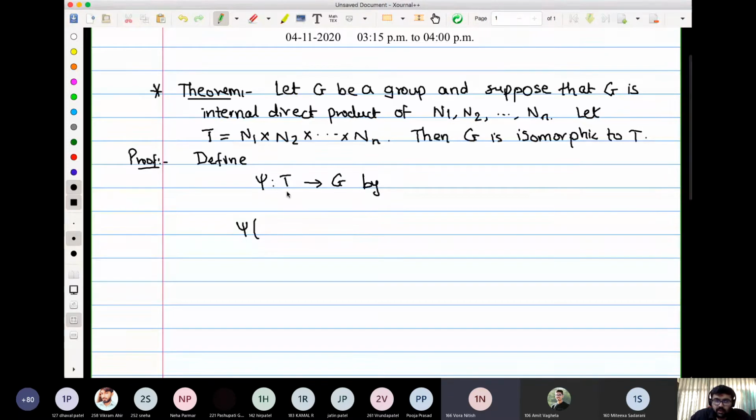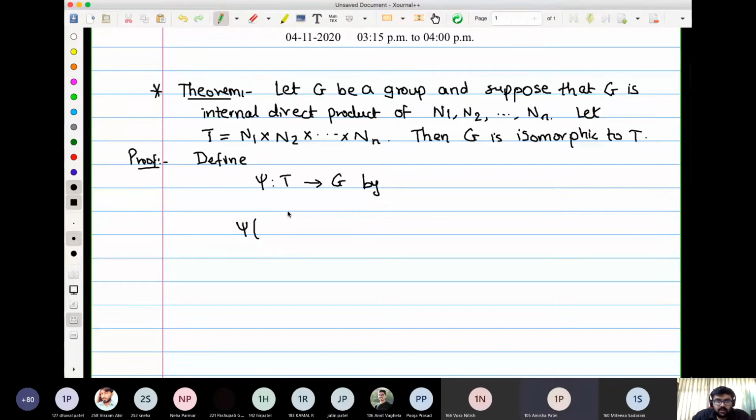You want to define a map. So what will the element of T look like? How will it look? Yes, sir. No idea, since revision has not been done. Okay. Three people. Yes, Amisha. Okay, tell.